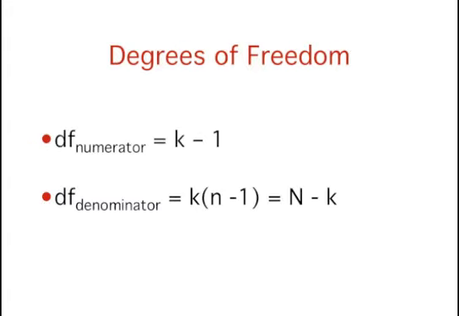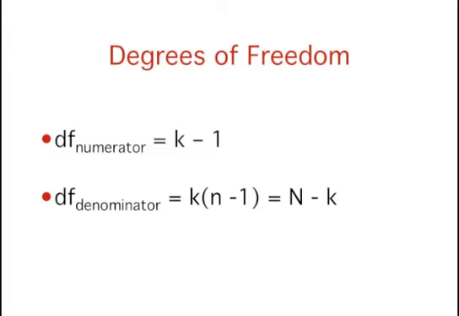As stated previously, the shape of the F distribution depends on the sample size. More precisely, it depends on 2 degrees of freedom, or df, parameters, one for the numerator, MSB, and one for the denominator, MSE. Recall that the degrees of freedom for an estimate of variance is equal to the number of scores minus 1. Since the MSB is the variance of k means, it has k minus 1 degrees of freedom.